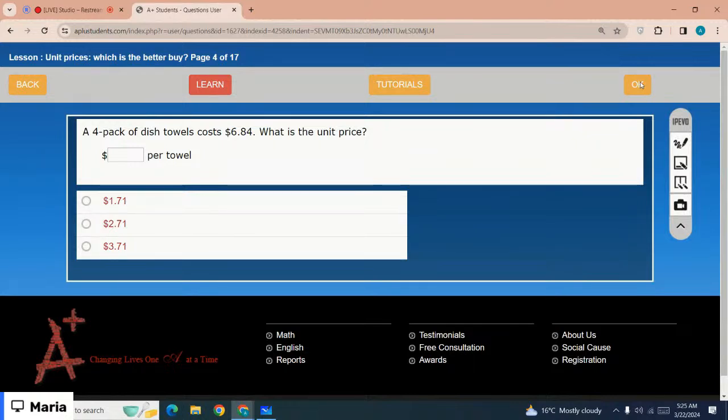A four pack of dish towels costs $6.84. What is the unit price? So, which is the correct option?